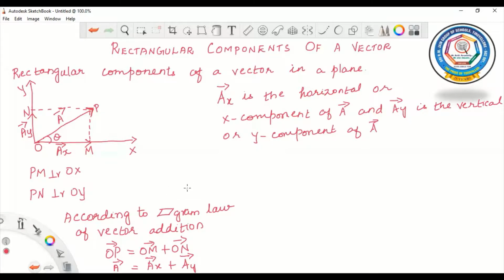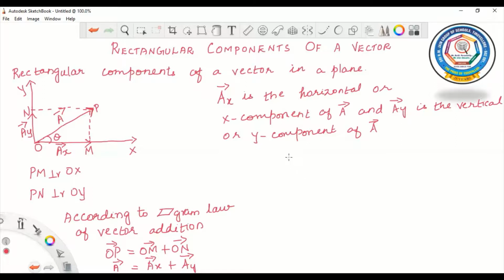Okay. And now I told you that i cap and j cap are the unit vectors along x-axis and y-axis respectively.